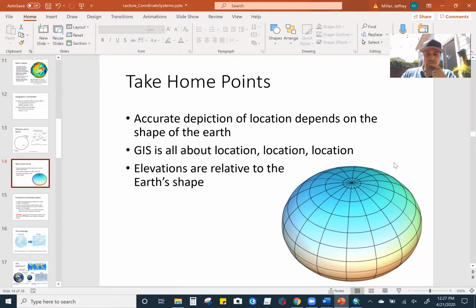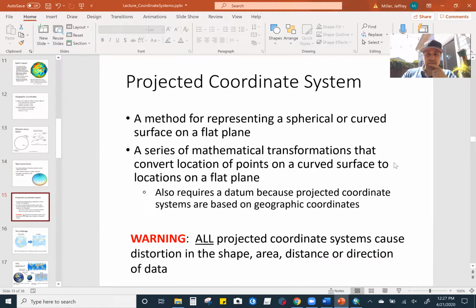Now, moving on from the idea of the Earth as an ellipsoid to something we want to represent even more precisely on a local level: what's known as projected coordinates.